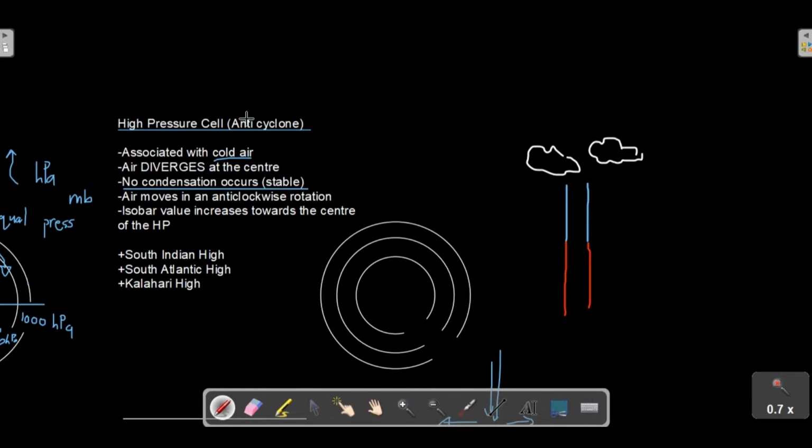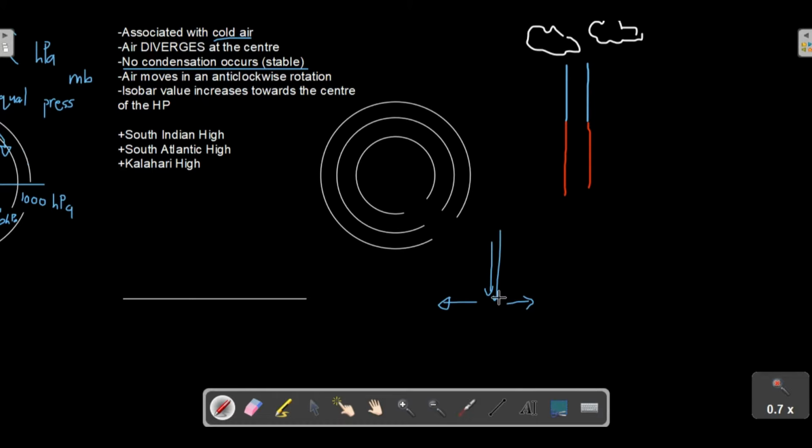But with anticyclones, you have cold air descending or sinking down, and as it descends, guys, it actually warms up. So the opposite actually occurs. It warms up, and we say that it does so adiabatically.